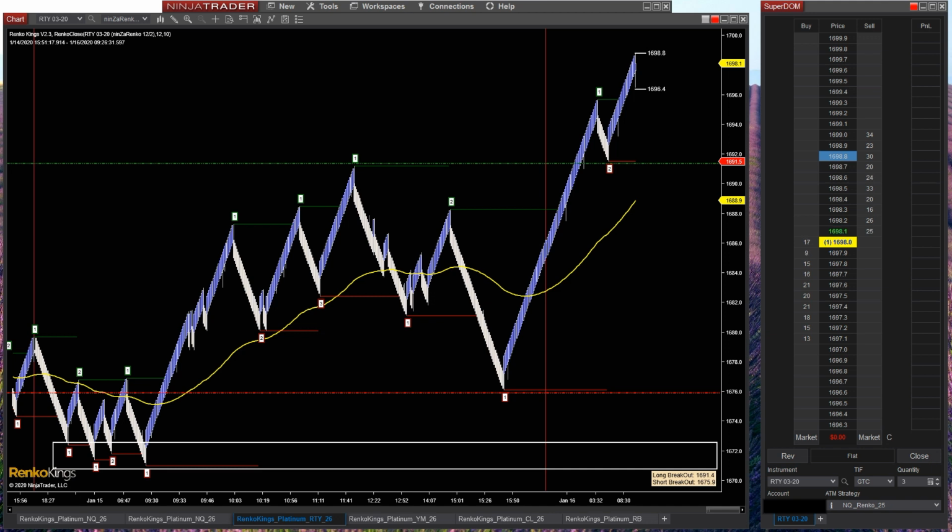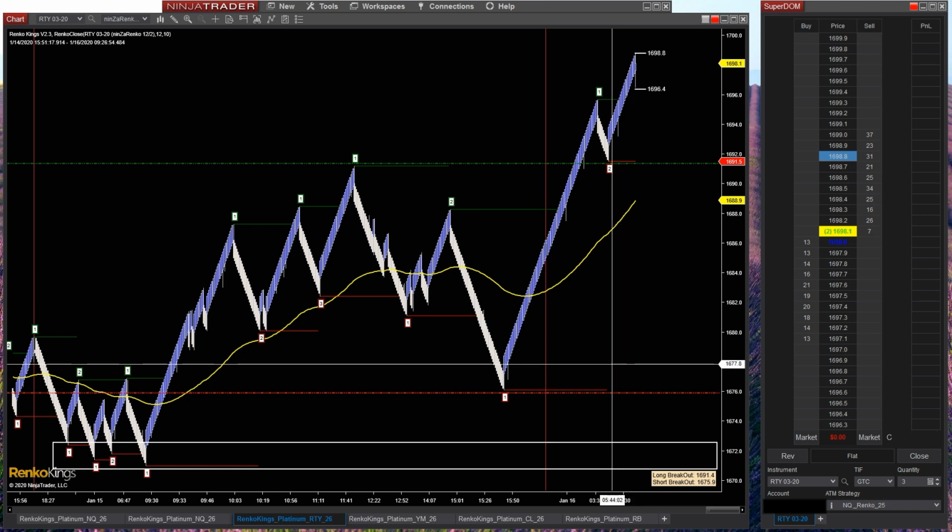Looking at the Russell, the RTY, you can see that I had some stuff drawn on my chart from yesterday, some areas that I was looking at, and I drew the low breakout here.